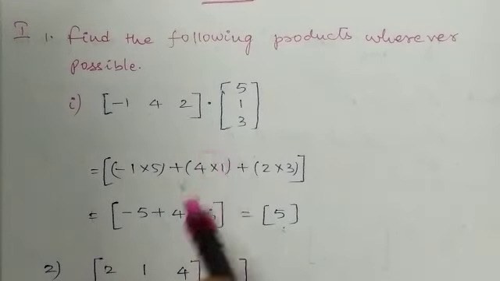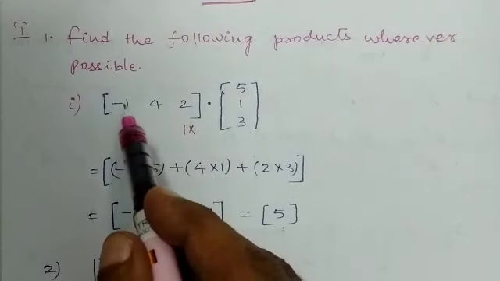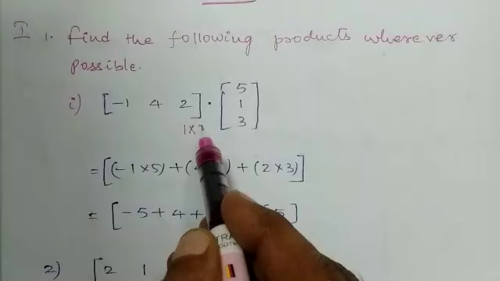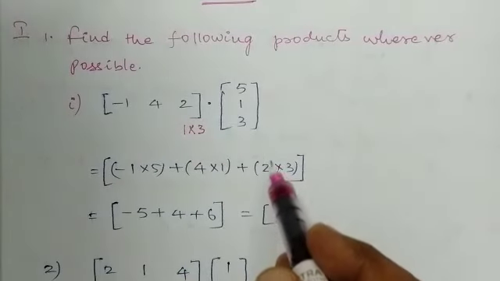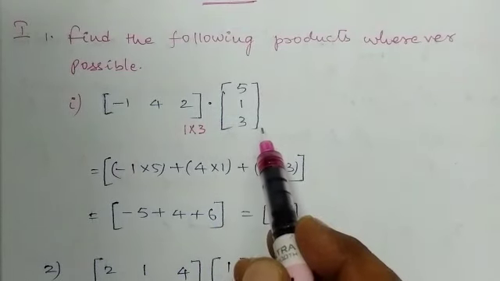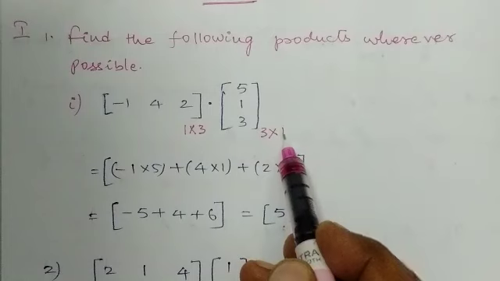One row. How many columns? First column, second column, third column. So 3 columns. In this matrix, 3 rows and only 1 column.